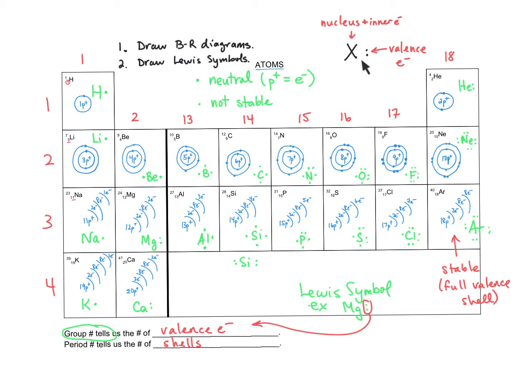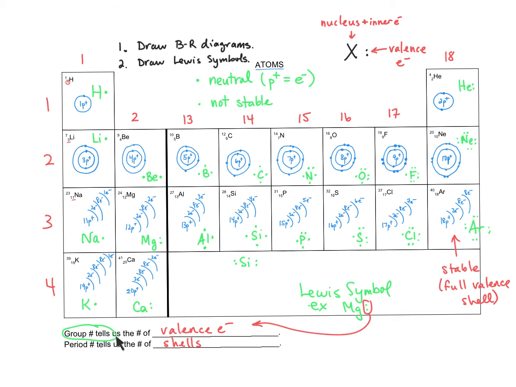Lewis symbols are very helpful because they focus us in on the valence electrons, and the valence electrons are the electrons involved in bonding, and therefore they'll be very useful for us as we start to look at how atoms form chemical bonds. So for now, we're just drawing Lewis symbols of the atoms in each of these boxes.